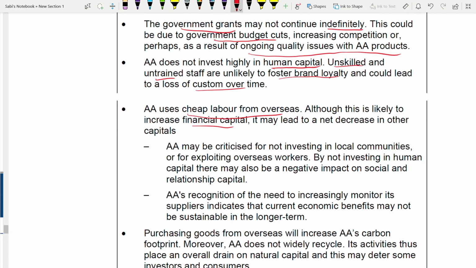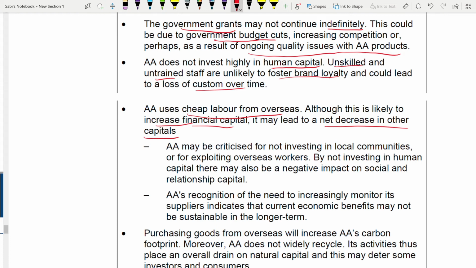So in that way it will increase your financial capital, true, but it will lead to a net decrease in other capitals. Remember, when you're studying the six capitals, they are related with each other. If somewhere it's improving, the other places are suffering because of that. Remember that.